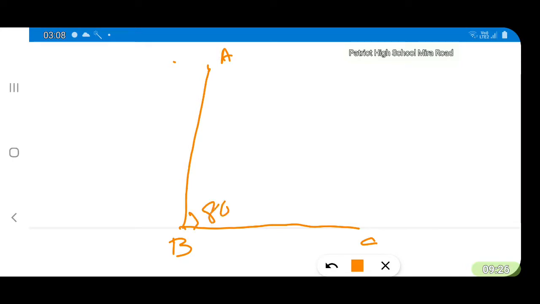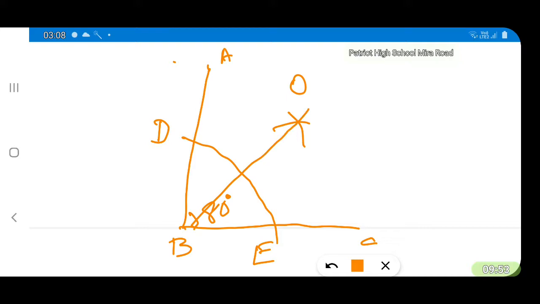Now with B as a center and with some arc of a circle less than half AB, you make an arc cutting AB in point D and BC in point E. With the same radius, draw other arcs in the interior to cut each other in point O. Join BO. So BO will be the angle bisector of angle ABC.